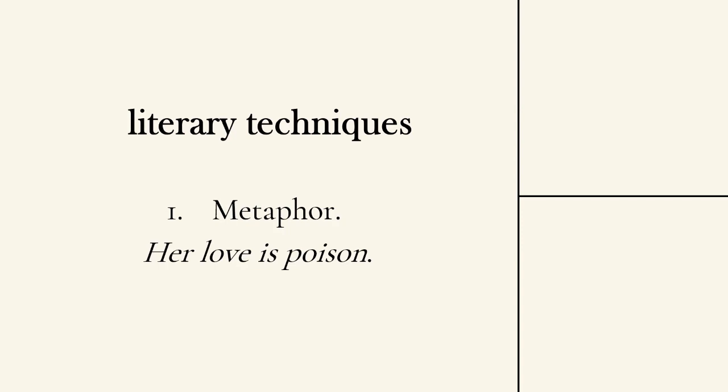Okay, so in the example above, the reader is given an image of someone whose form of affection has a wounding effect on those that she claims to love, because it says that her love is poison. It's poison, and what does poison do?